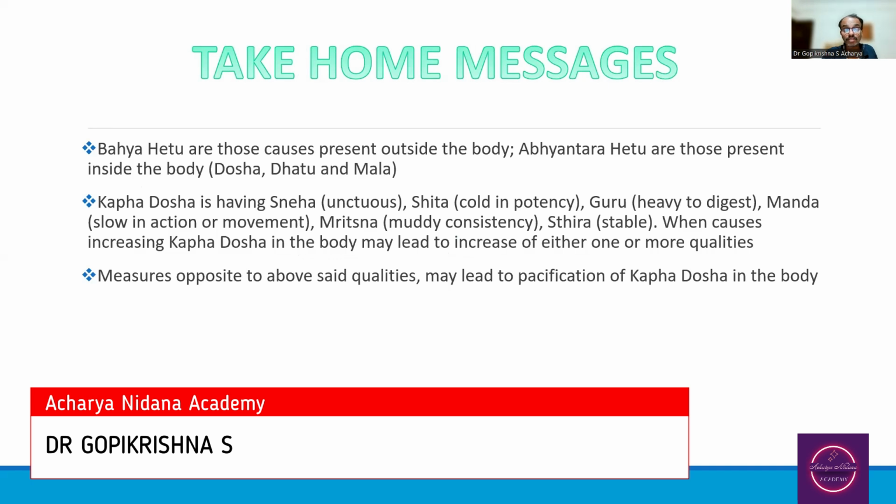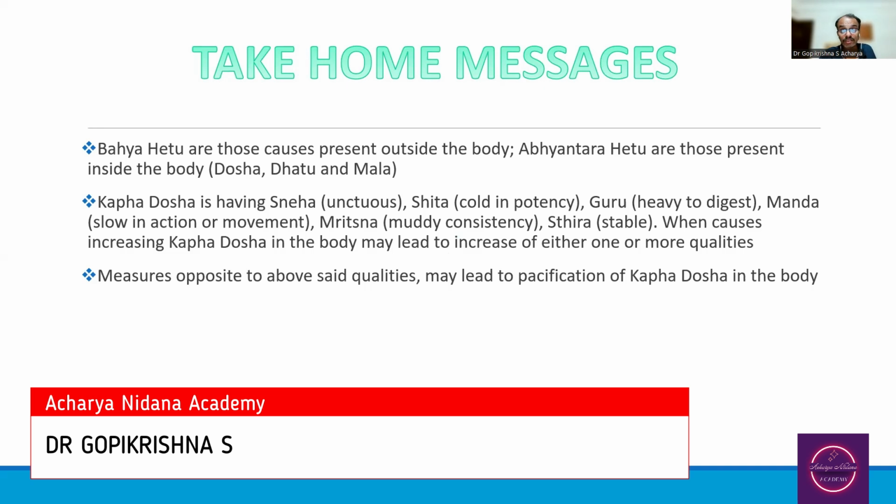Whereas the Abhyantara hetu are those which are present inside the human body, that is Dosha, Dhatu and Mala. In this particular instance, Kapha, Rasa, Mamsa, Meda, Majja, Shukra, Mutra, and Purisha. They are categorized under Abhyantara Hetu, specifically in relation to Kapha Dosha.